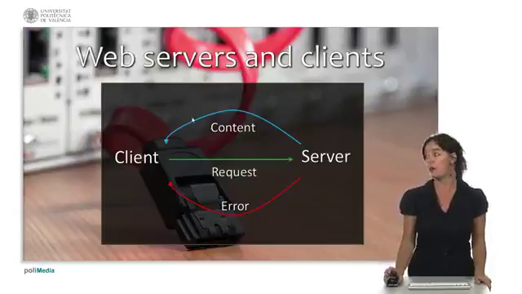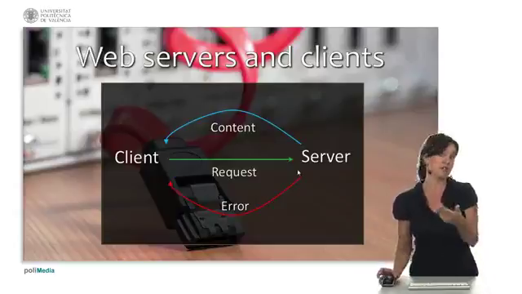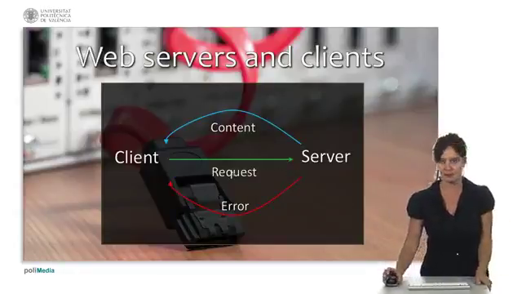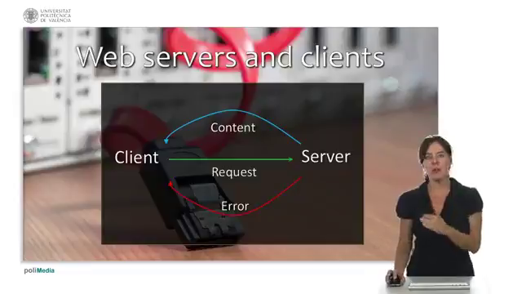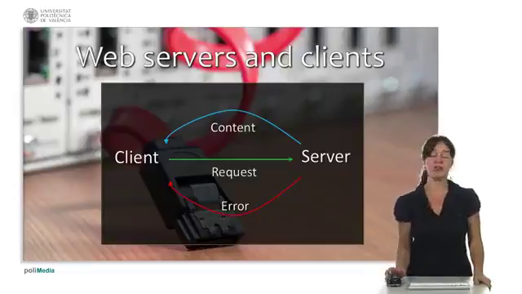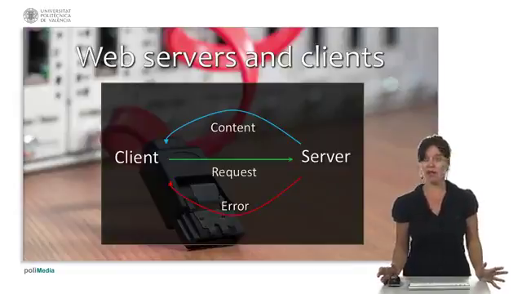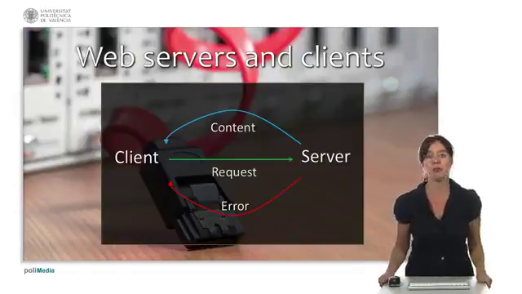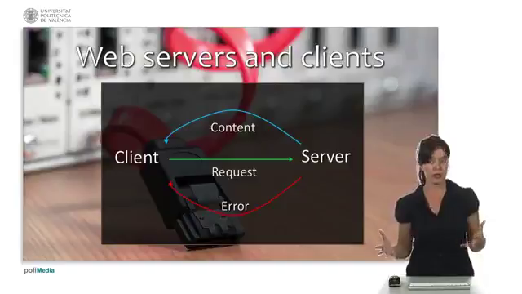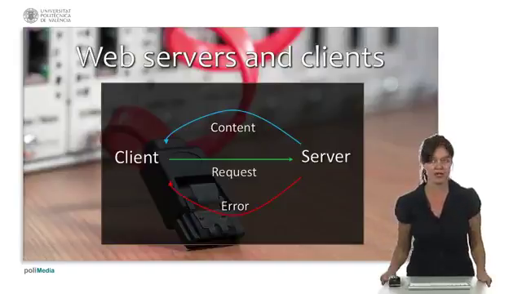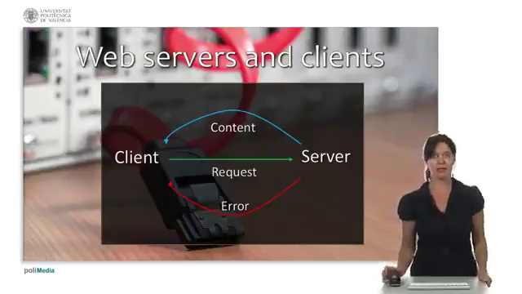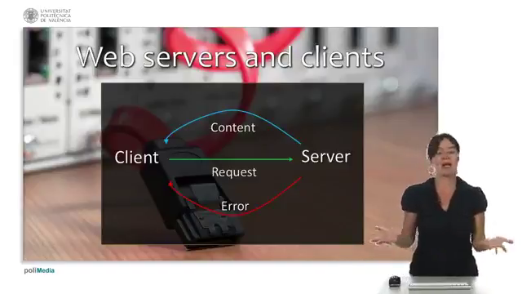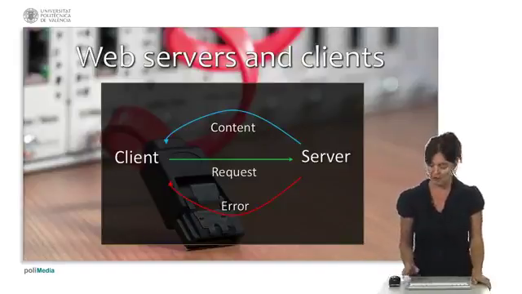A user requests some content, the server sends it if it can find it, and if there's some error, the client gets the error. So for a static web page, a web server with this model is enough. We just have HTTP, a protocol that responds by sending the content that the user has asked for. And if the server is unable to, you get an error message.